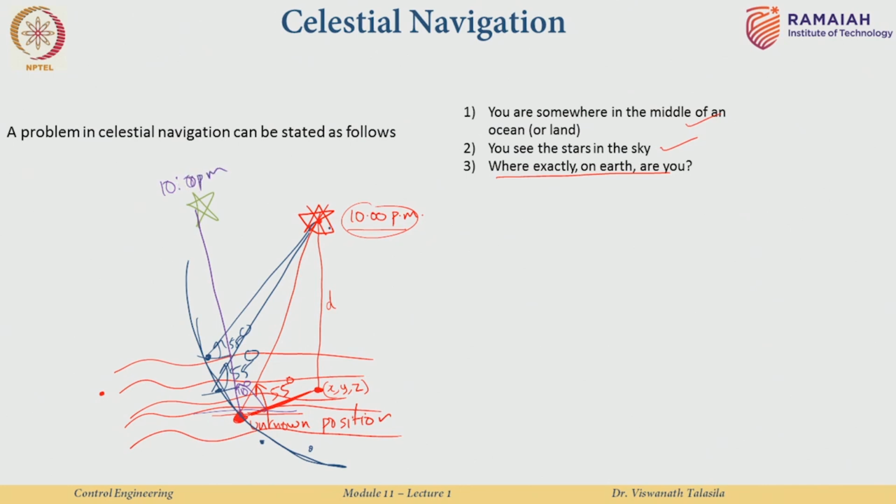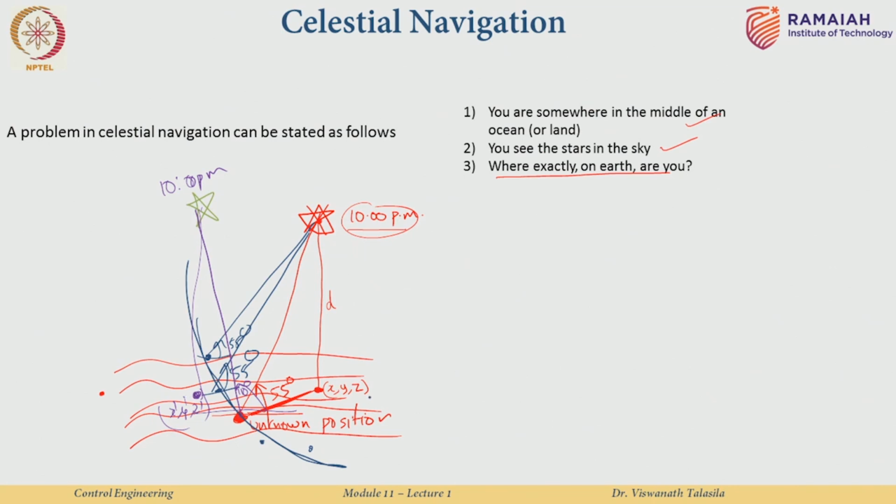We again know from the star map chart of ours that if the star were visible at 10 p.m. you would have to be somewhere over here at this new x prime, y prime, z prime. So, I now know two specific positions if the star were above my head, x, y, z, and x prime, y prime, z prime.